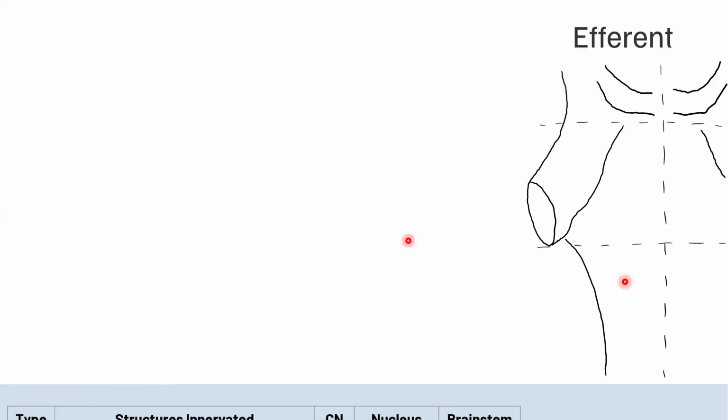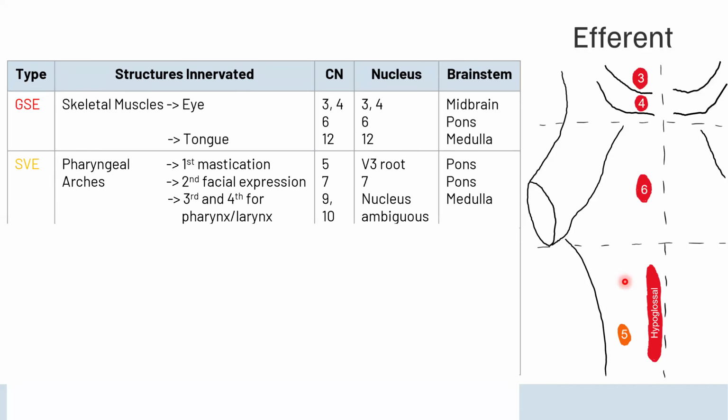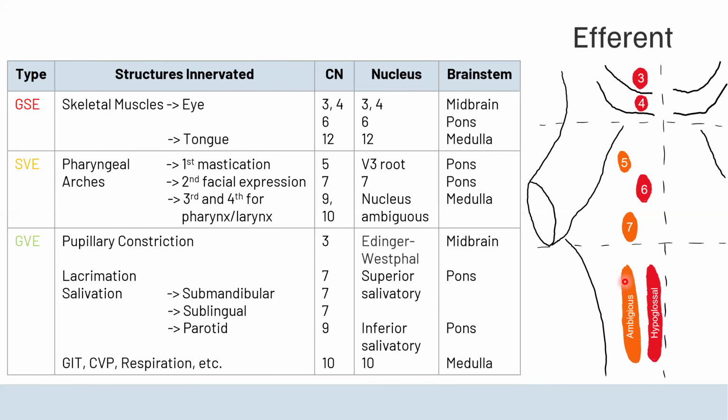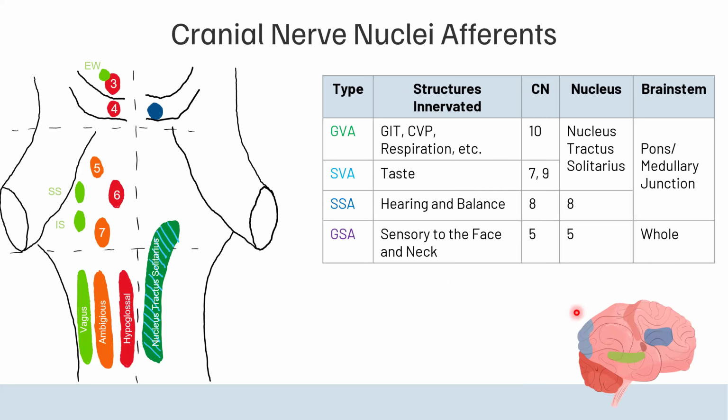So looking at the arrangement on the actual slide again, you can see that you have your general somatic efferents most medially, followed by the special visceral efferents, followed by the general visceral efferents with your parasympathetics. Then you will have your afferent fibers.